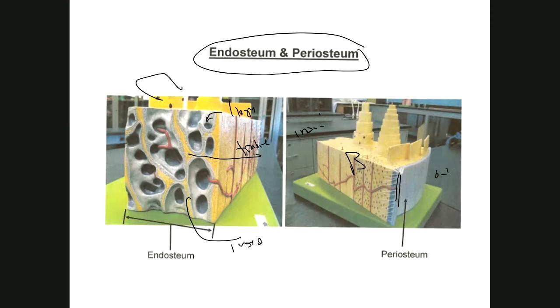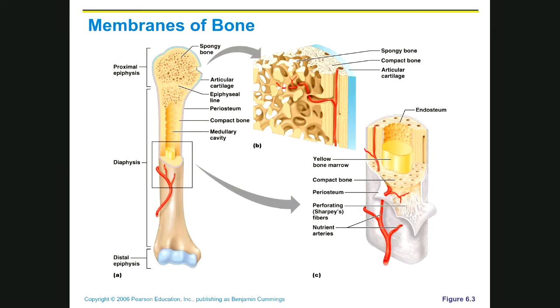And so trabeculae can get bigger and thicker, but they can also get smaller, just like this can. These things can get bigger and thicker, but they can also shrink and get smaller.